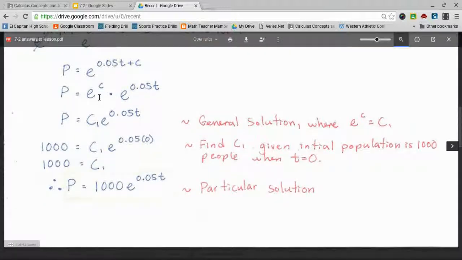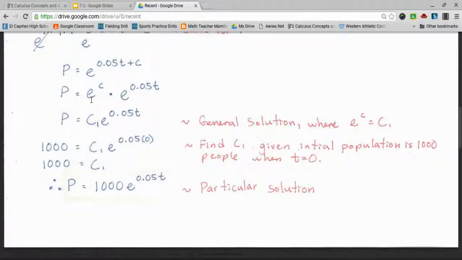And lastly, since e to the C is just some constant, remember C was a constant, and when I raise e to some constant, it's just some number. Okay, we don't know what that number is, but it's just some number. So that's why I'm going to let this e to the C equal a big C. In this case, they use C1. You can if you want, so that way you keep track of your C's.